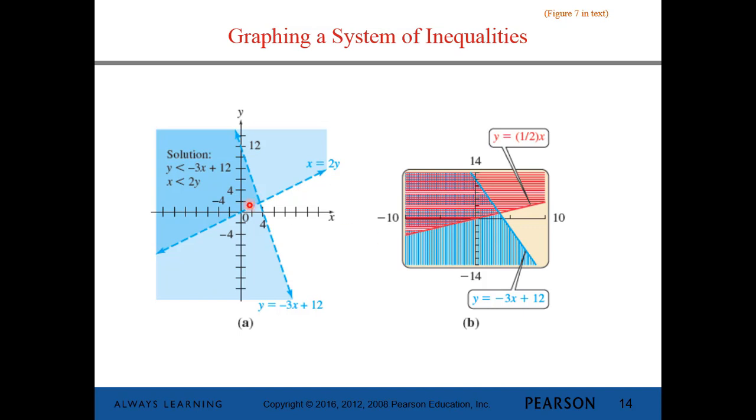So instead of having one test point, we're going to have possibly 4 test points because we have to find the region that satisfies both of them. We're going to use a test point in this region, a test point in this region, a test point in this region, and a test point in this region, and find which one of those points gives a true statement for both of these.